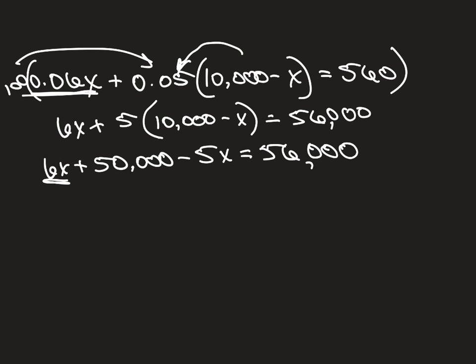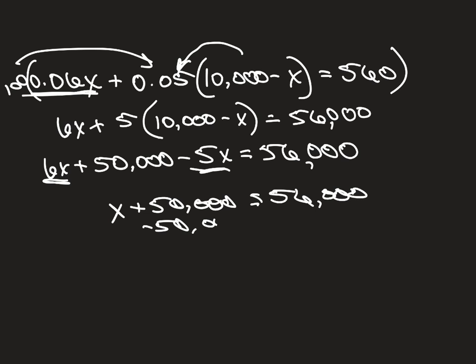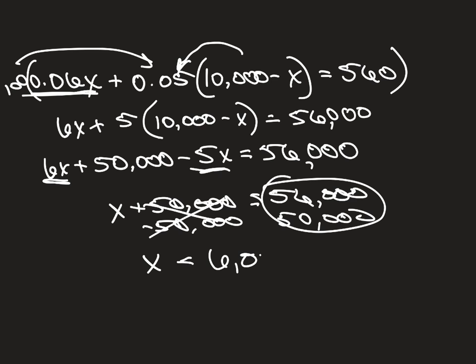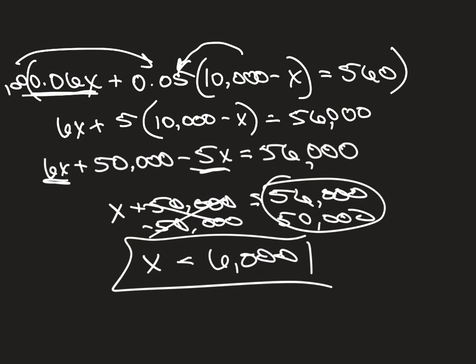All right, so this minus this is just an x, or 1x, plus 50,000 equals 56,000. So I'm going to subtract 50,000 from both sides. X equals, those go away, 56,000 minus 50,000. And that's my answer. So I didn't have to deal with any decimals at all. I just got rid of them clear at the very beginning.